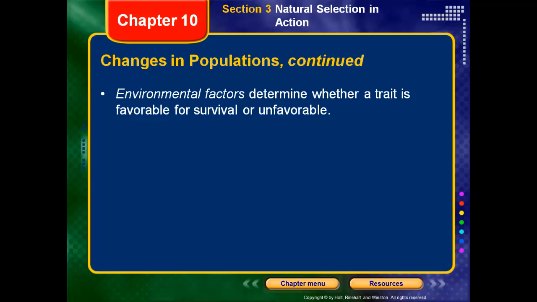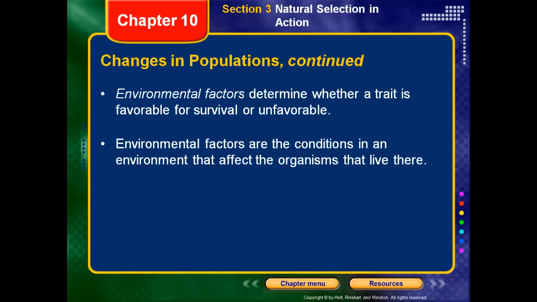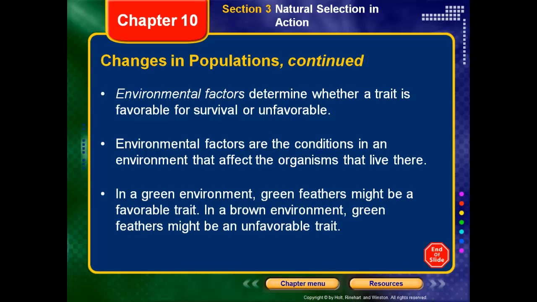Now, environmental factors help determine whether a trait is favorable for survival or unfavorable. Environmental factors are the conditions in the environment that affect the organisms that live there. So different environmental factors might be temperature, amount of rainfall, amount of sunlight, or anything else in the environment, maybe the introduction of new organisms into that environment.